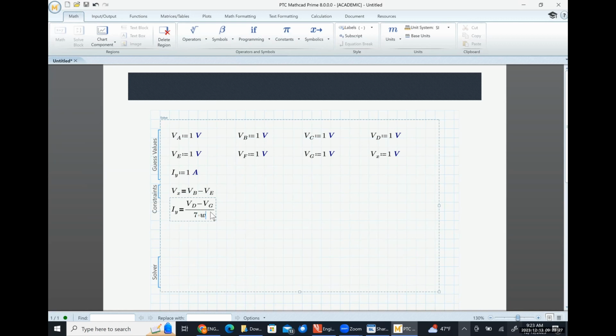So lowercase w looks like lowercase Greek omega. So uppercase W is going to give you uppercase Greek omega. Control G is literally just telling it, convert it into a Greek character. So uppercase W, control G gives us ohms.